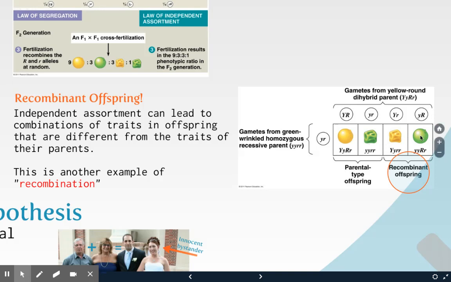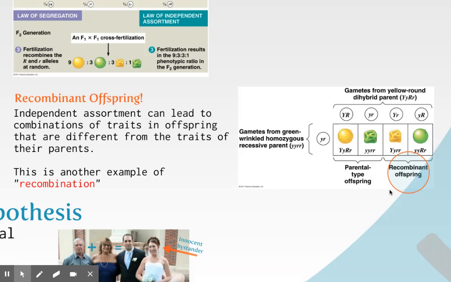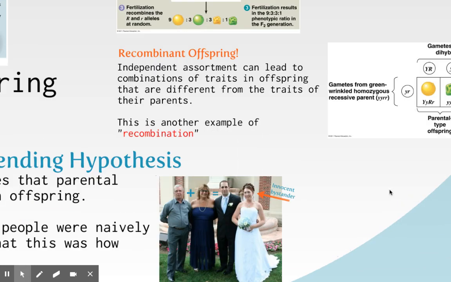And he never had a green round. So we call these the recombinant offspring because we recombined the alleles to create new combinations that never existed before. So like you might have new combinations of traits that have never existed before in this universe, and same thing with your siblings. So you are a completely unique organism.